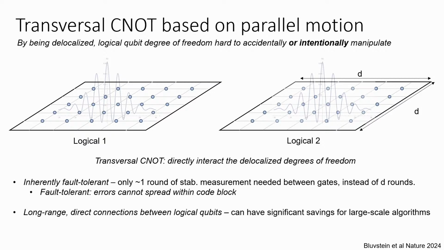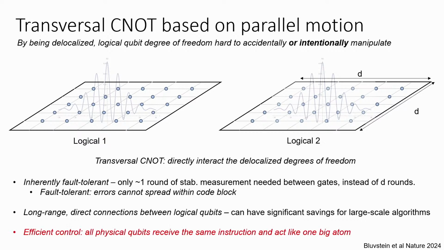In the context of algorithms, it gives you long-range and direct connections between logical qubits. We don't have to think necessarily about hallways. Maybe there are other kinds of complications, but you can just think about connecting two logical qubits directly. And lastly, from an experimental perspective, the thing that cannot possibly be emphasized enough is that of efficient classical control. All of the physical qubits in this logical block receive the exact same instruction and just effectively act like one big atom.